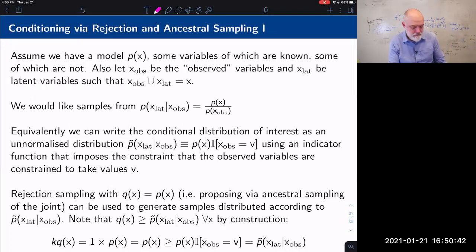Does that make sense? That imposes the constraint that the observed variables are constrained to take values V. This is an unnormalized distribution. Okay?